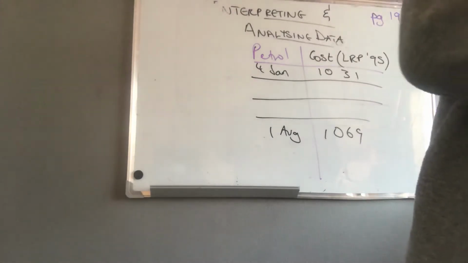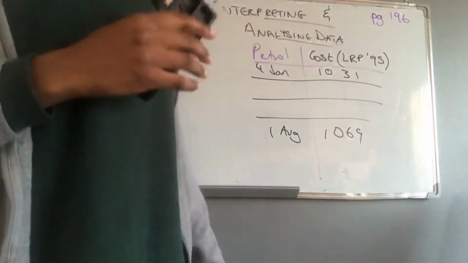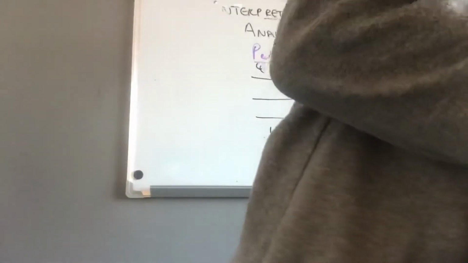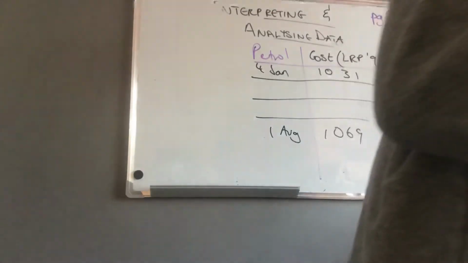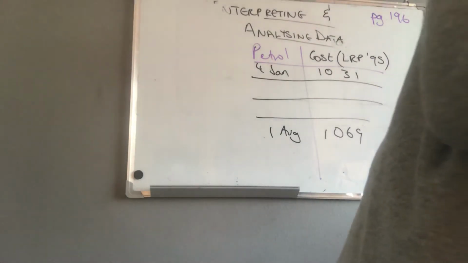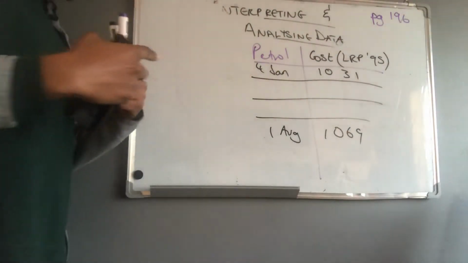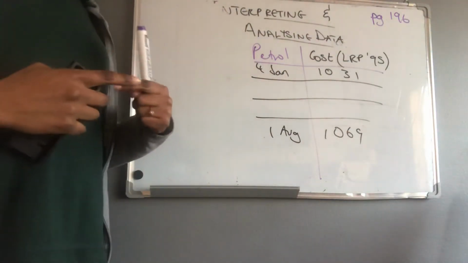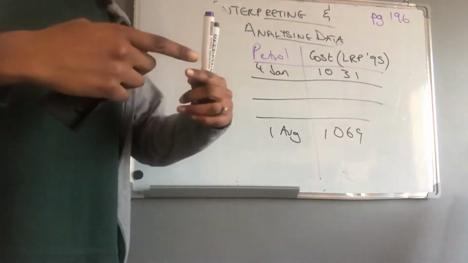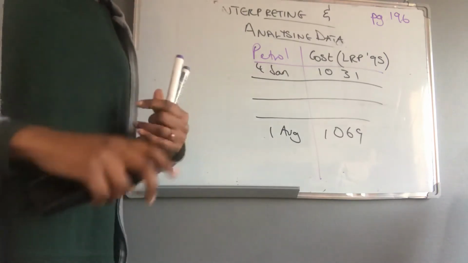You can see they started the data from 1030 and they ended it at 1190, which is very close to the highest cost of LRP, which was 1093. The reason why they've taken such a small range is to really zoom in and show the trend of the data.